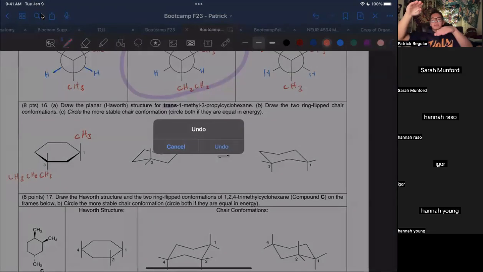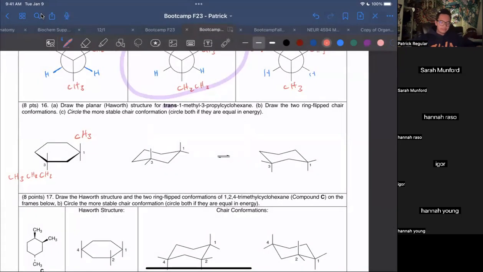If you were to flip-flop them, that would be fine, as long as they're trans. This one is up, this one is down. This one is up, CH3. This one is down, CH2, CH2, CH3. Maybe H is here, H is here.